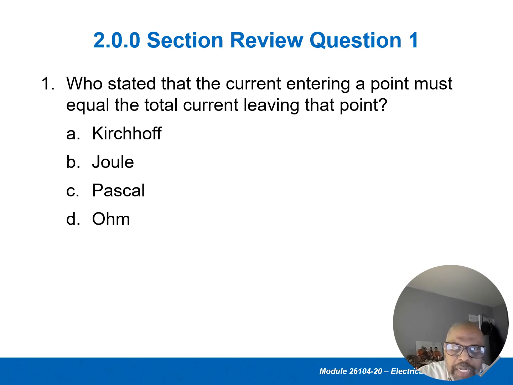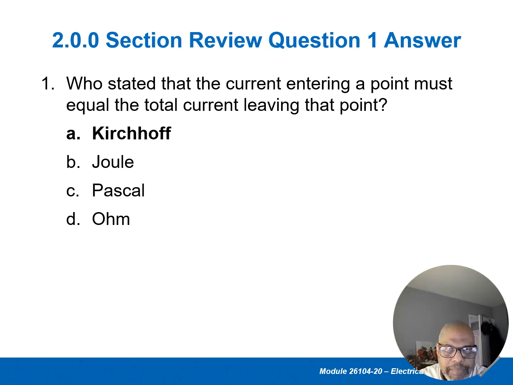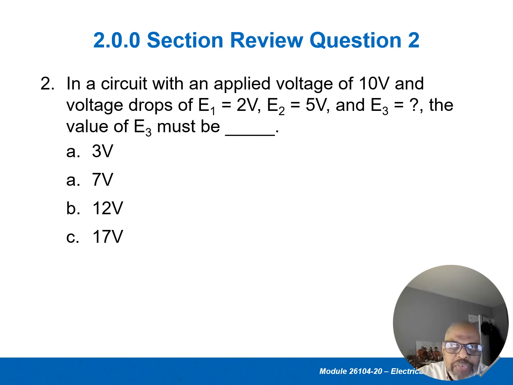Who stated that the current entering a point must equal the total current leaving that point? Of course, we just talked about it, and it is definitely Kirchhoff. In a circuit with an applied voltage of 10 volts, and voltage drops V1 equals 2 volts, V2 equals 5 volts, and V3 will be what?